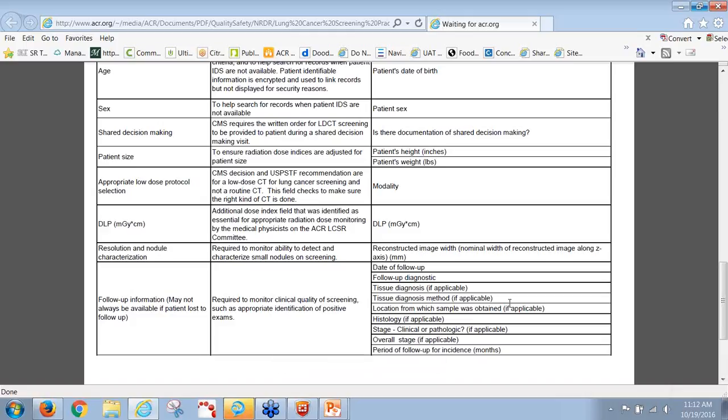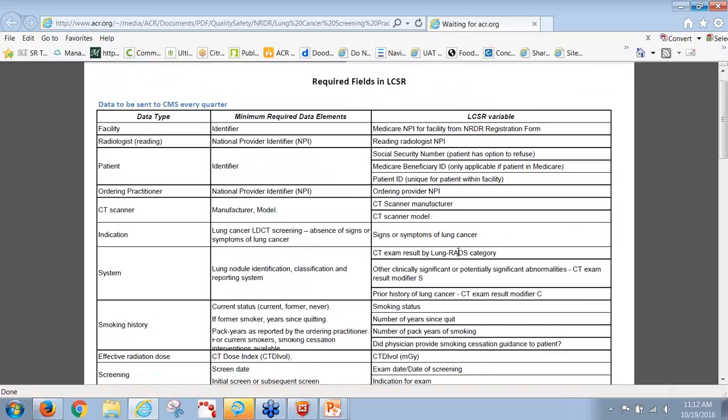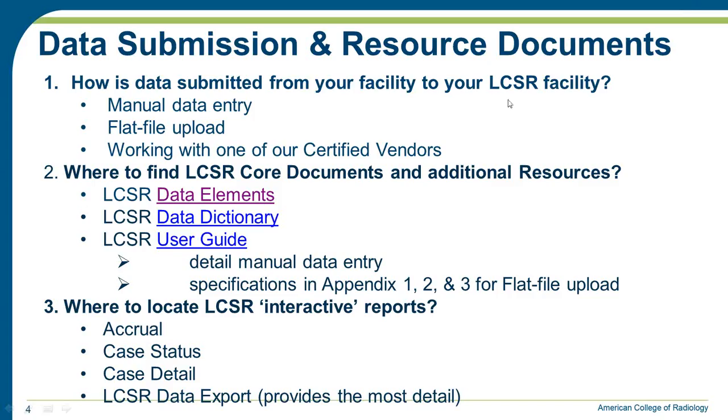So we do collect a great deal more data. All told, we collect 84 data fields, and not every patient, of course, is going to be able or would even qualify for all 84 data fields, because they may not need follow-up exams, and that's where the bulk of our data is coming from.